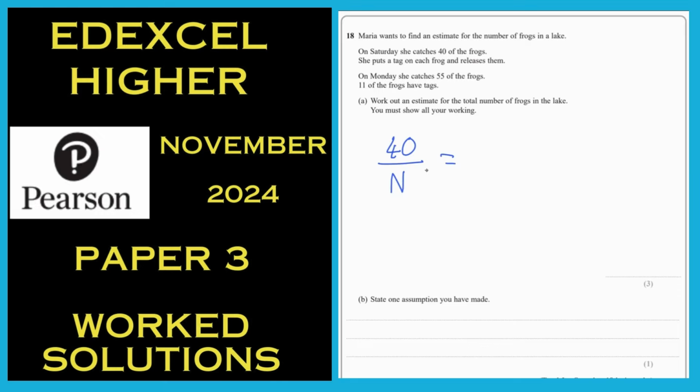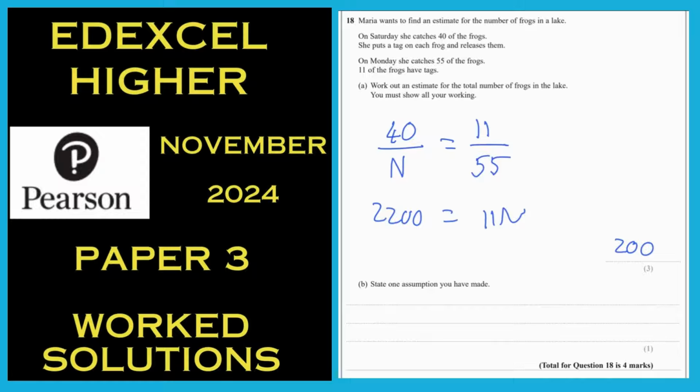On Monday, she recaptures, and the ones that have been tagged are 11 out of 55. Some teachers I know will set this up as a multiply, but each to their own. At the end of the day, you've got your calculator: multiply both sides by n, both sides by 55, and when you divide both sides by 11, you get a sensible sounding population of 200.